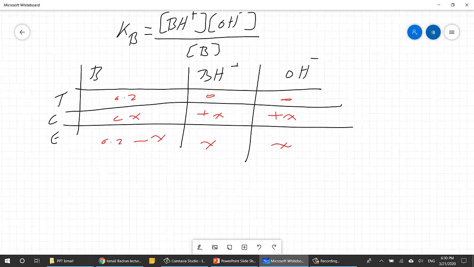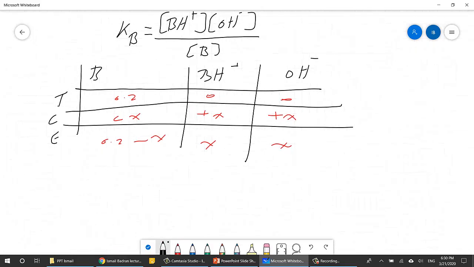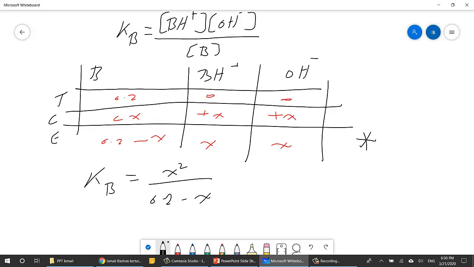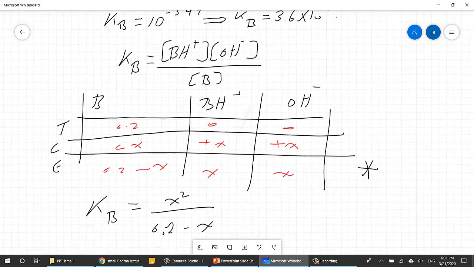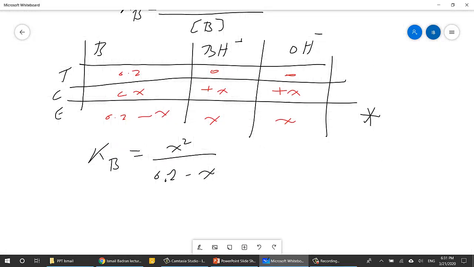That means your Kb value, you take it, as always I said, from the equilibrium line. So Kb is equal to x squared divided by 0.2 minus x. Now we know the Kb for this, it's 3.6 times 10 to the minus 4. Now can we do our test and see if we can neglect x? Are we lucky?